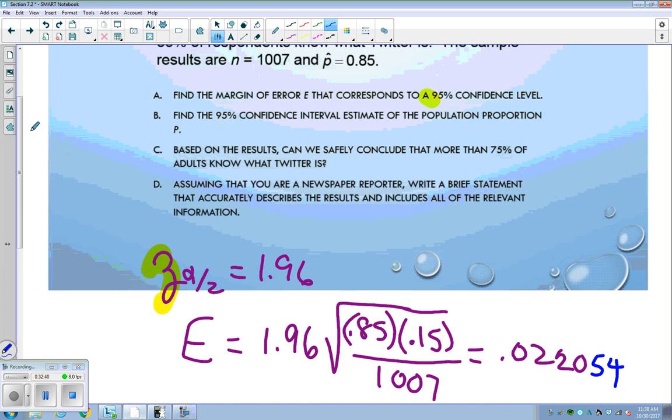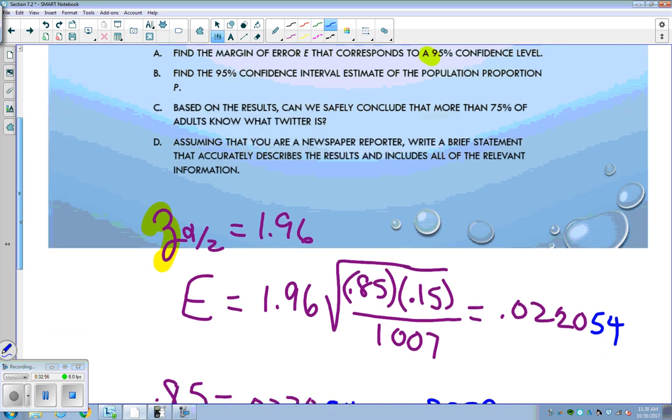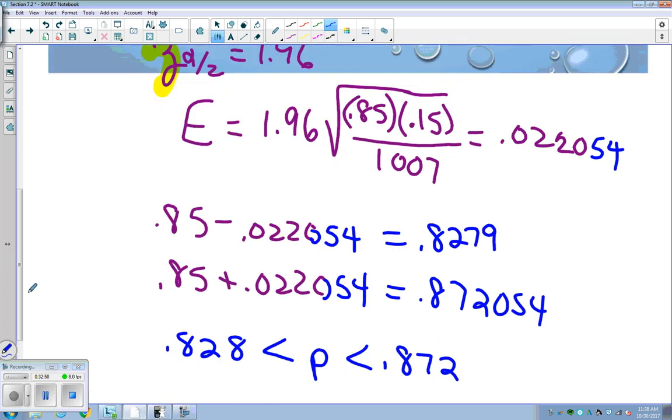So assuming that you are a newspaper reporter, write a brief statement that accurately describes the results and includes all of the relevant information. In other words, you've got to interpret. How would I interpret this? What was our confidence level?